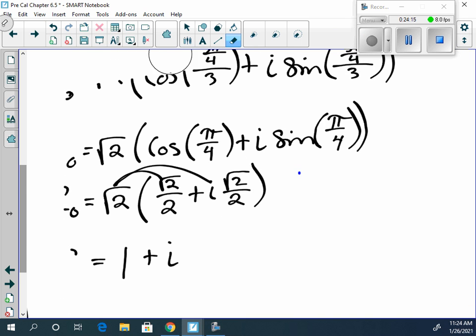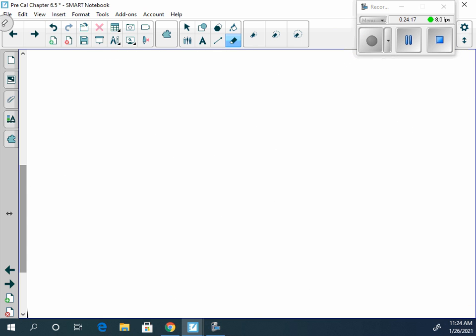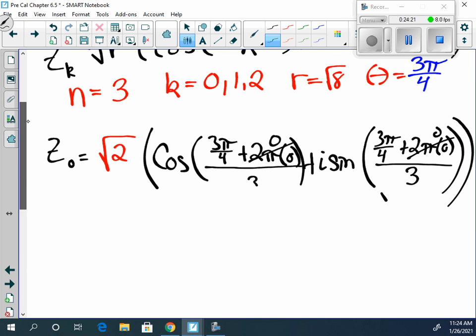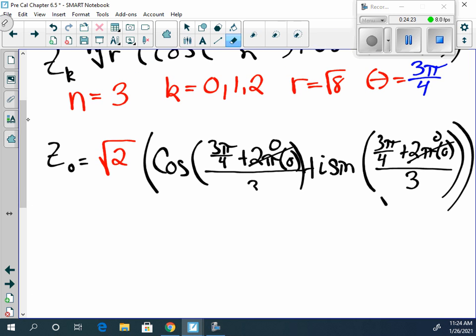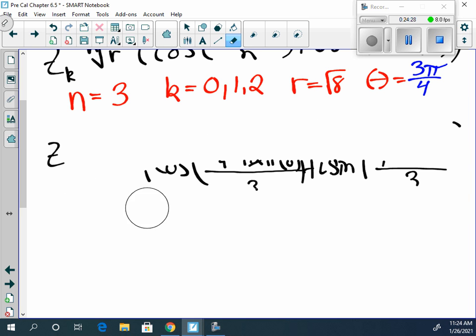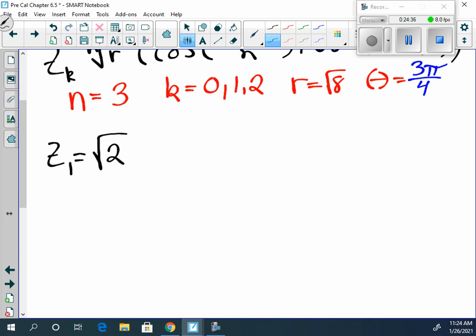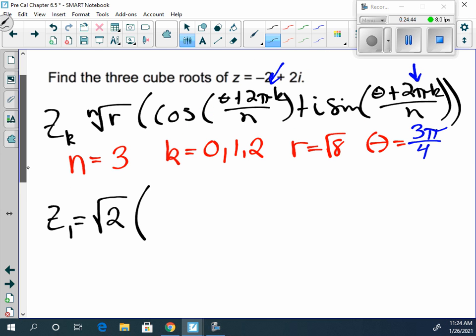I'm going to erase this here. Okay, so we found Z naught. Done. Z sub 1 is equal to, well, the square root of 2. Because again, our first one would have been the nth root of r, so the cubed root of the square root of 8. We already know it's the square root of 2.